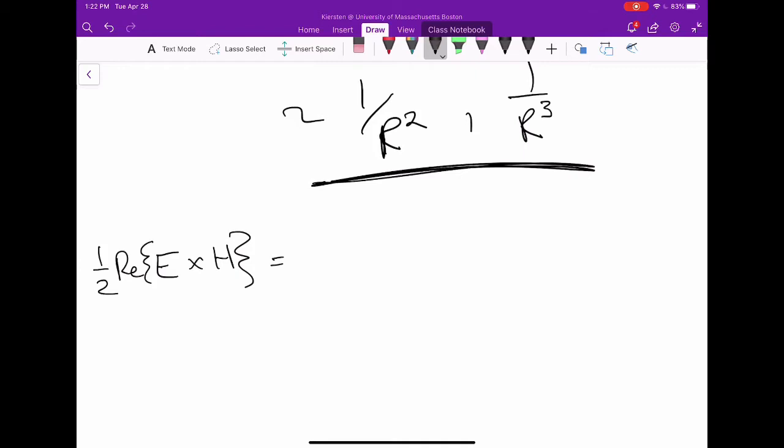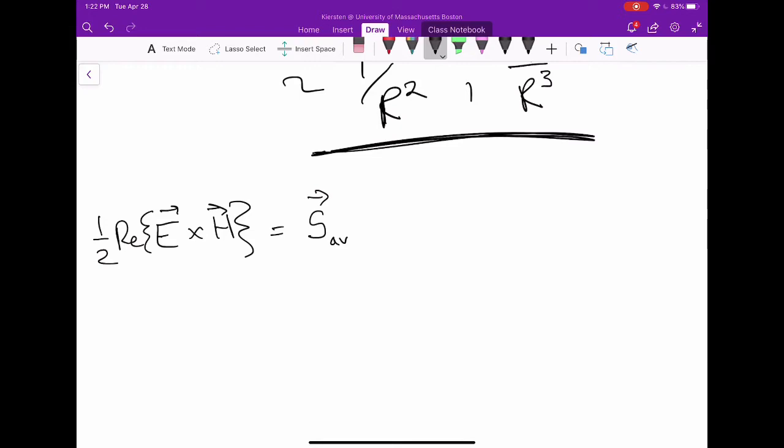And that gives you the time average Poynting vector. And then you integrate it over a surface that surrounds your source. Usually it's a sphere, but it could really be anything, as long as it fully encloses the source.